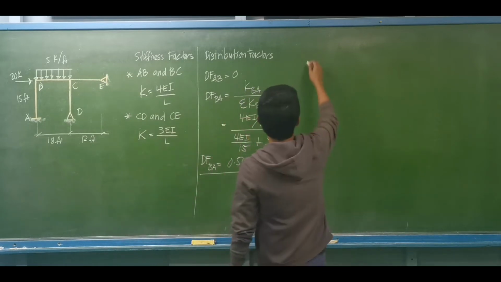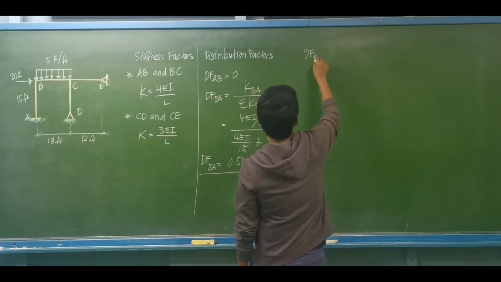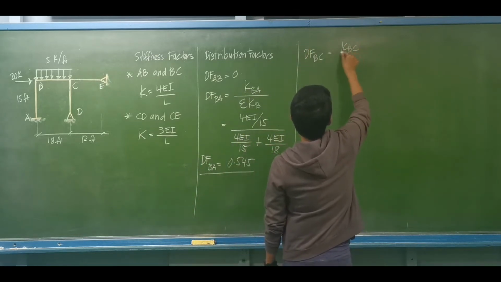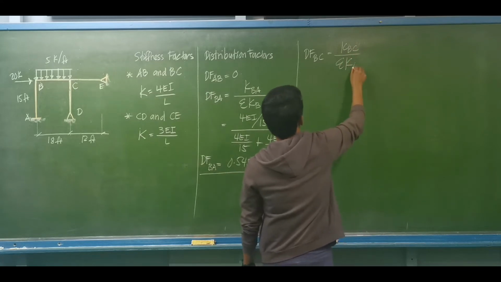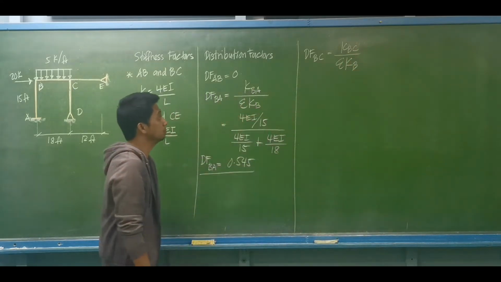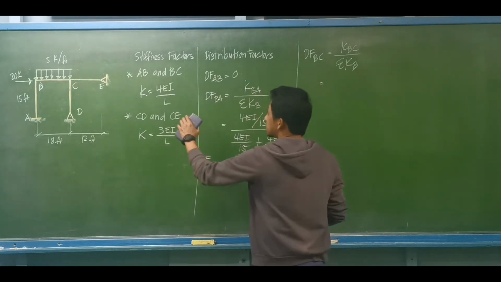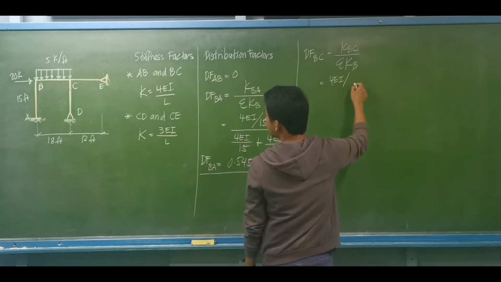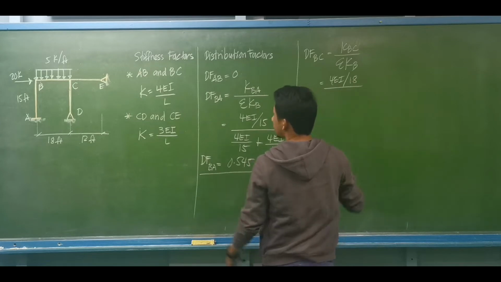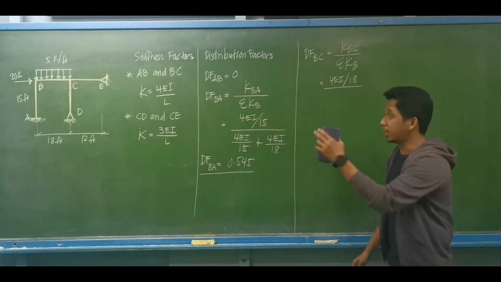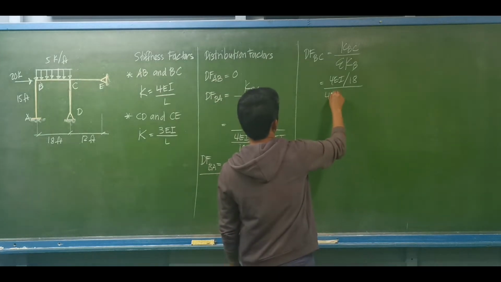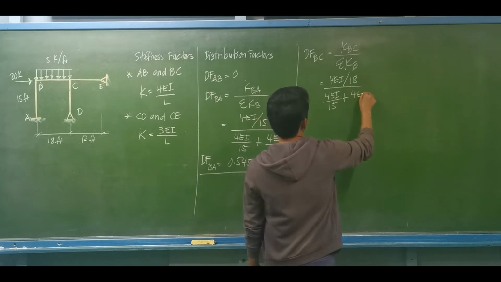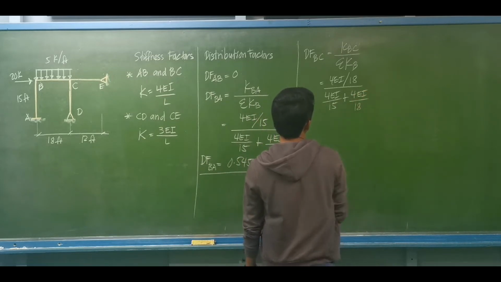The next one is the distribution factor for member BC. That is equal to the stiffness factor of member BC divided by the summation of the stiffness factors of all members connected to joint B. For span BC, that is 4EI divided by 18 feet, divided by the spans connected to joint B, which is 4EI over 15 for BA plus 4EI over 18 for BC.